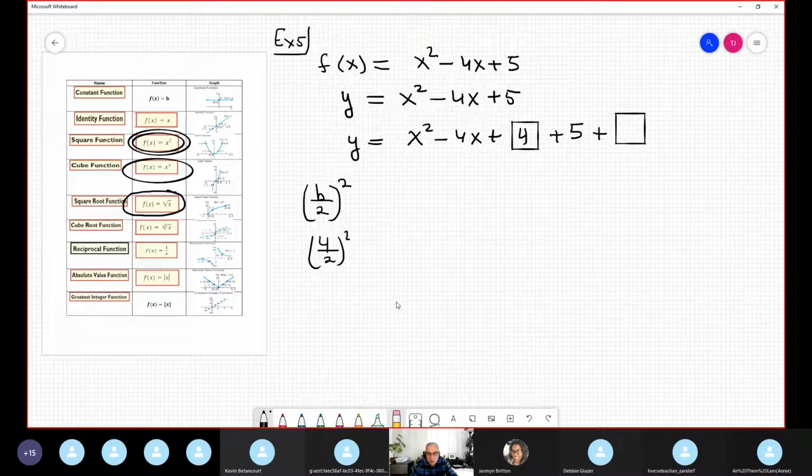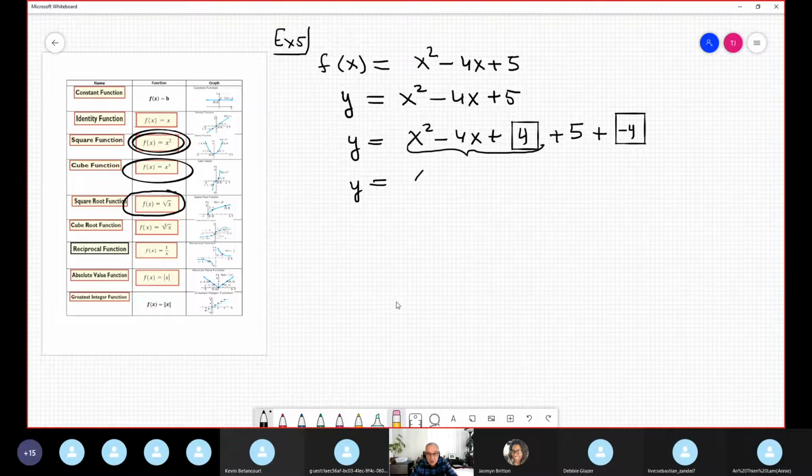So now, in order to not affect my original expression, you subtract 4. Positive 4 and negative 4 together is 0. 0 is nothing. It is the null element. Now I am ready. This trinomial factorization is x minus 2 squared plus something. Then 5 minus 4 is 1.